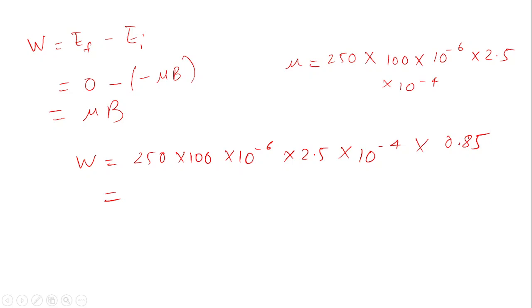When we calculate 250 times 100 times 2.5 times 0.85, we get 53125, and considering all the exponents, this will be 53125 times 10 to the power minus 10.